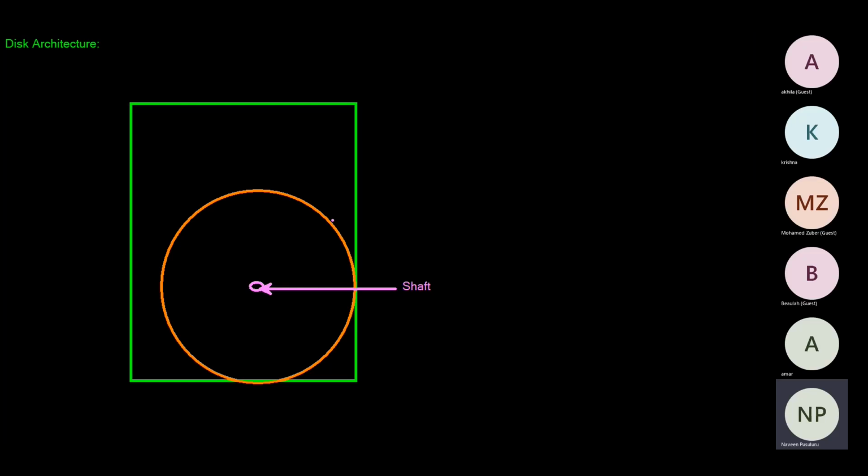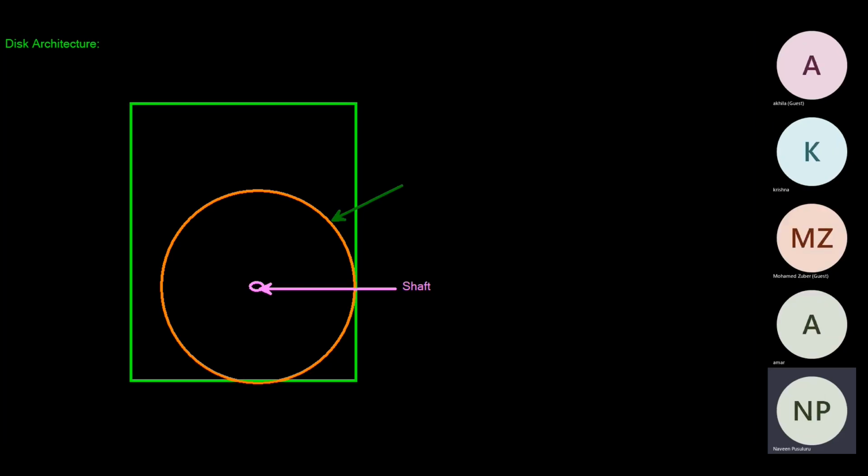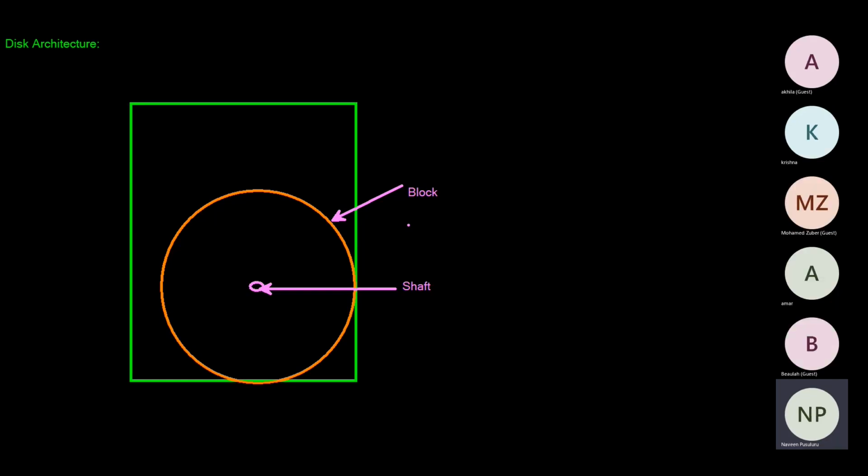We'll call this circular component the block. When you open a hard disk, only then will you be able to see the shaft, the block, and all the other components inside the hard disk.